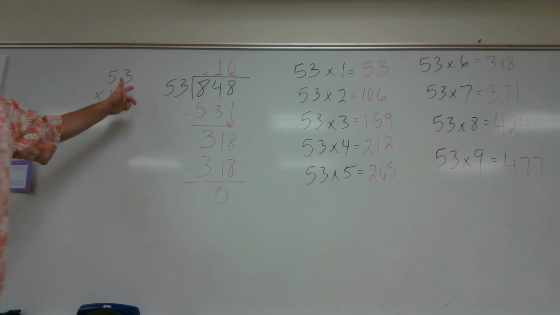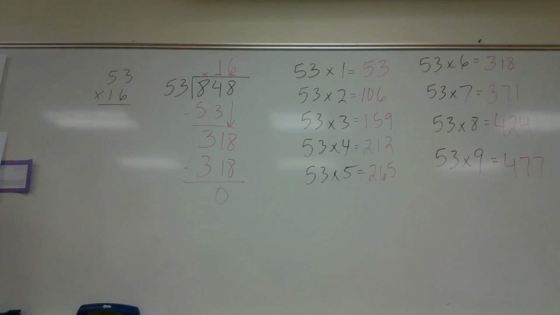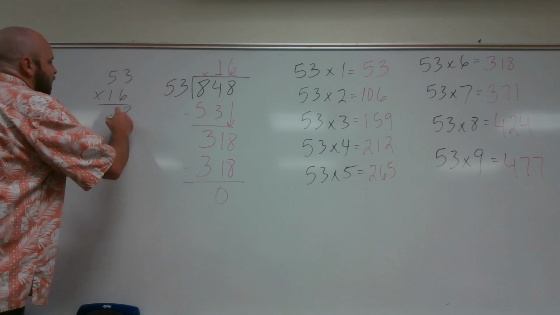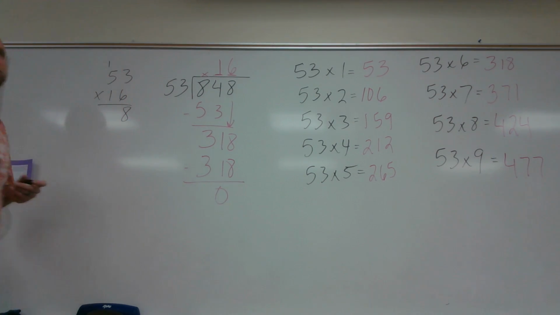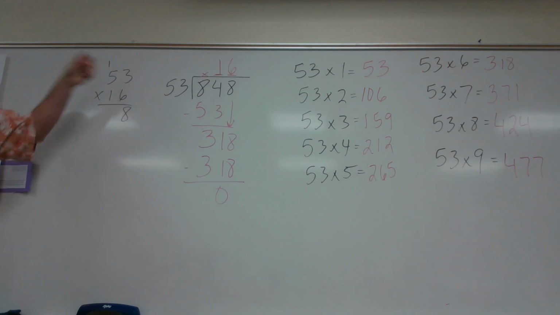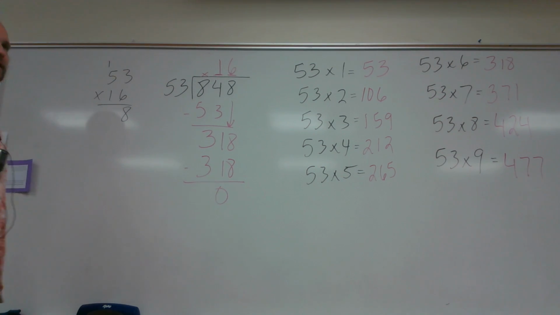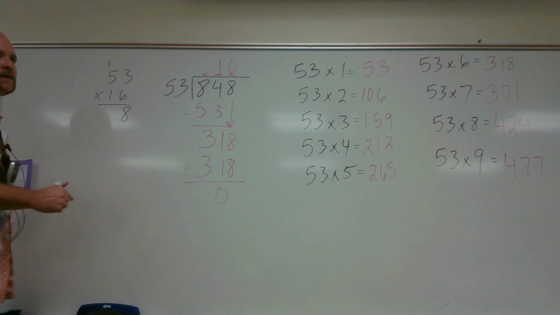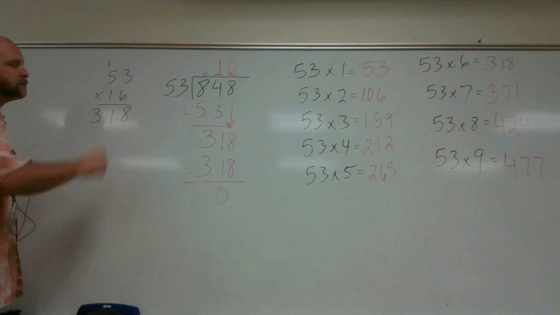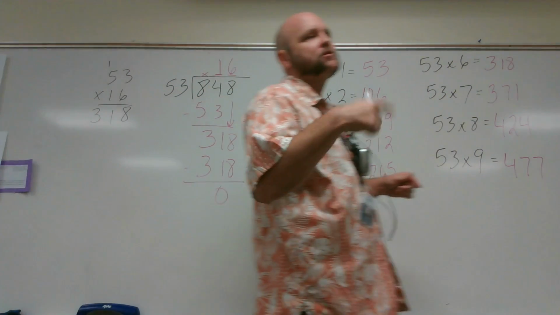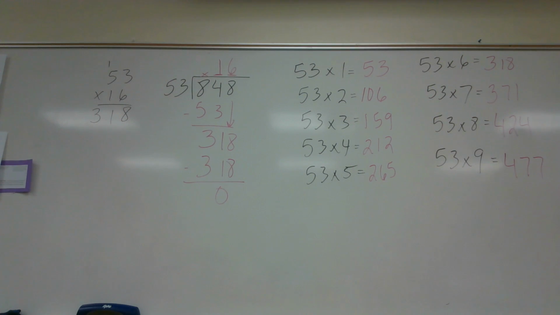Okay, we start in our ones place. What is 6 times 3? 18. That means I have 8 ones and 1 ten. 6 times 5 is 30. Plus 1, 31. So I have 31 tens. Some of those problems you're looking at on Think Through Math give you a dollar amount, then ask what's the least amount of bills you can use to make that amount.